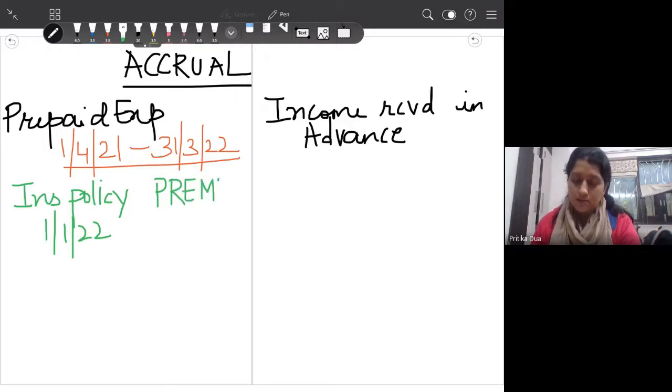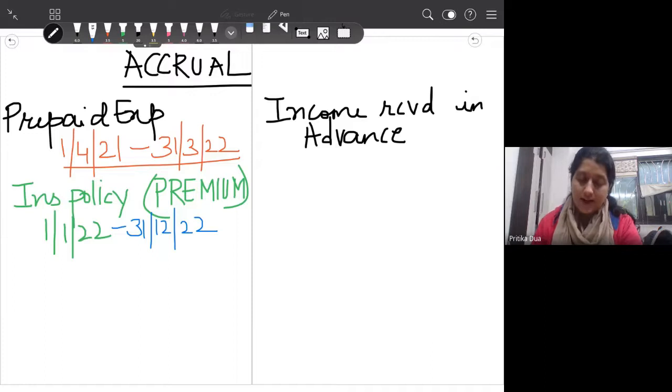And premium is in most of the cases paid for 1 year. तो जो आपने पॉलिसी ली 1 जनवरी 2022 को, उसका जो प्रीमियम पे किया है और उसका जो इंश्योरेंस कवर है, दैट विल बी वैलिड टिल 31st December 2022.